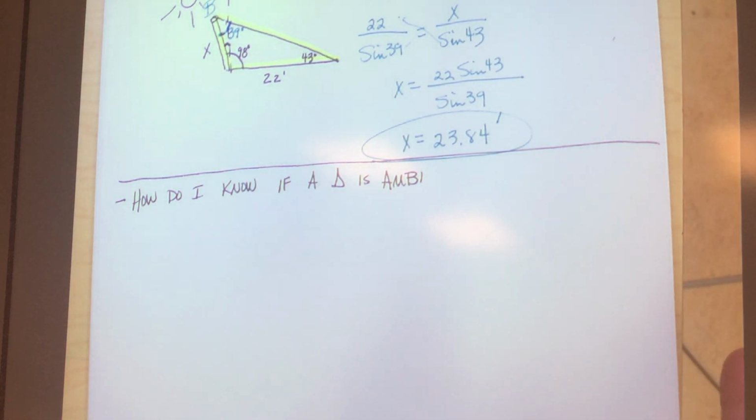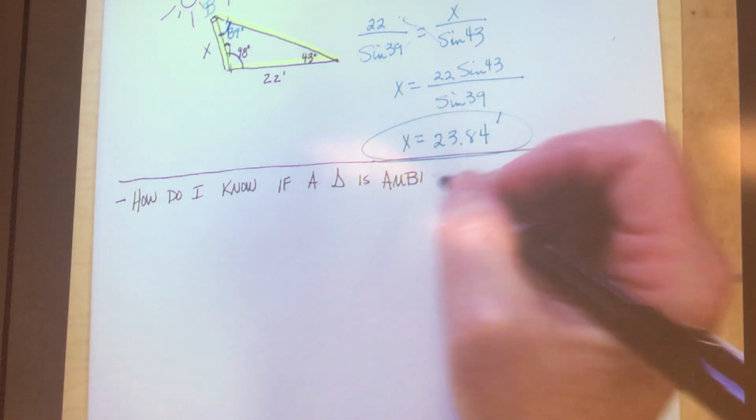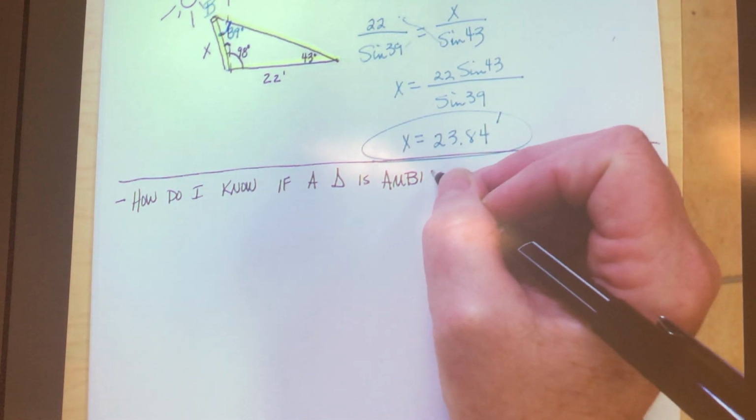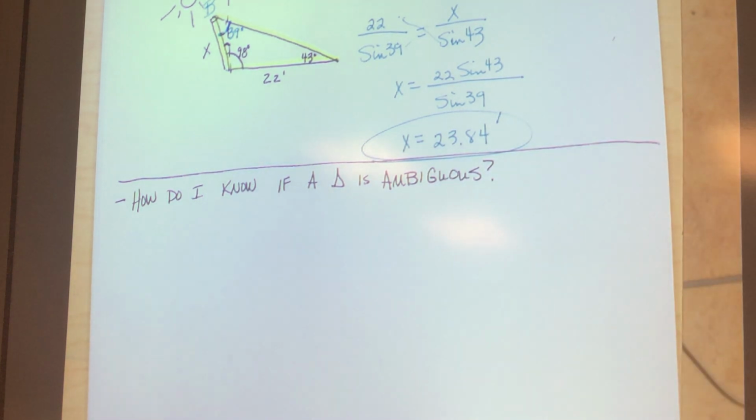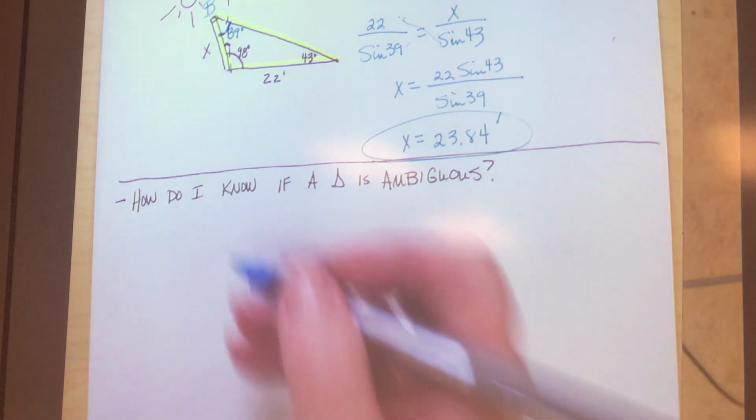I'm giving you measurements of 3 things. Because that's what we said yesterday that you had to know, so how am I going to know if it's an ambiguous case? A pair and a side. That is exactly right.